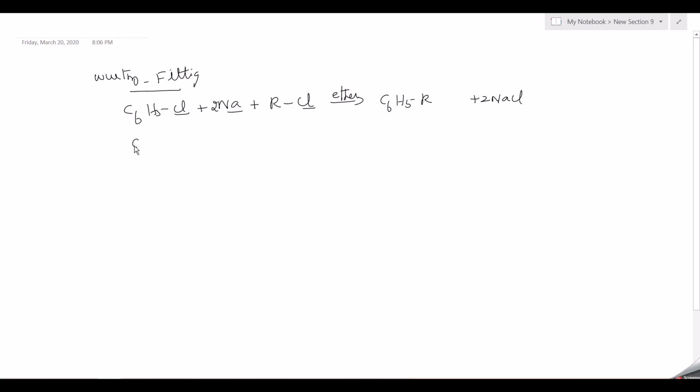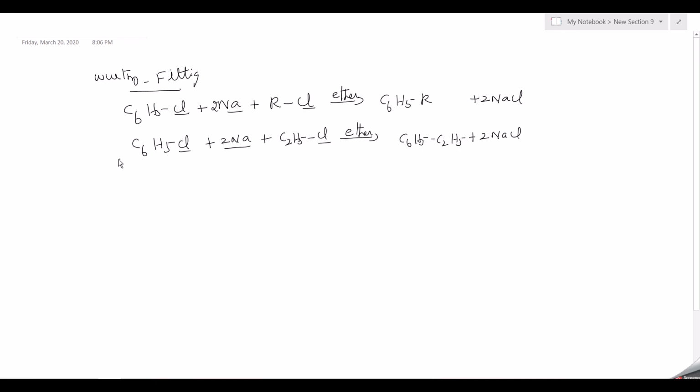You take an example. So you take C6H5Cl on treatment with 2 molecules of sodium, and instead of R you take C2H5Cl. In the presence of ether solution, this chlorine and this sodium and this chlorine, they will combine to form 2 molecules of sodium chloride, and you have now C6H5 C2H5.